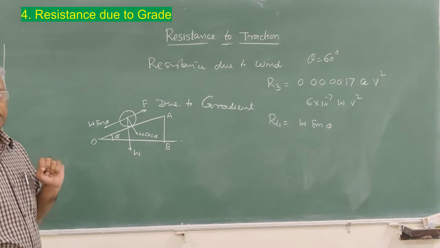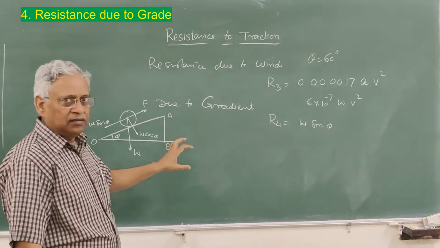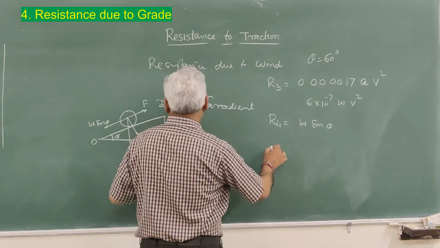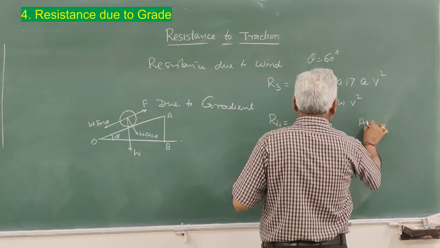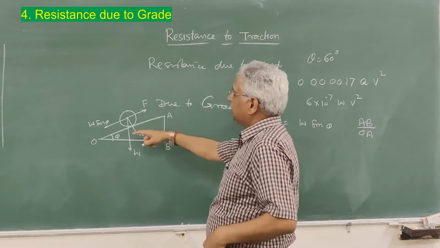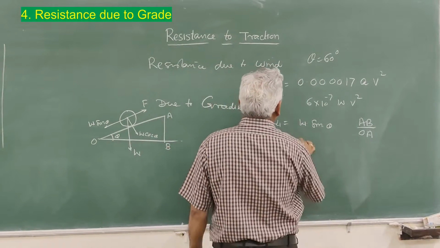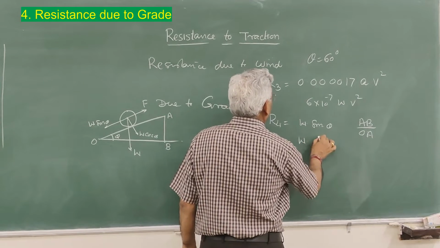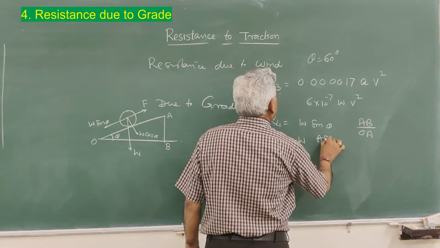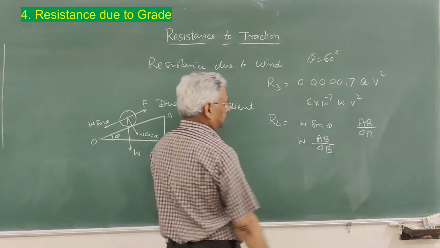W is the weight of the train. And theta is small, and therefore if you take theta equal to AB upon OA, and because theta is small, OA can be taken as OB, and that becomes W into AB, that is the rise in length OB.